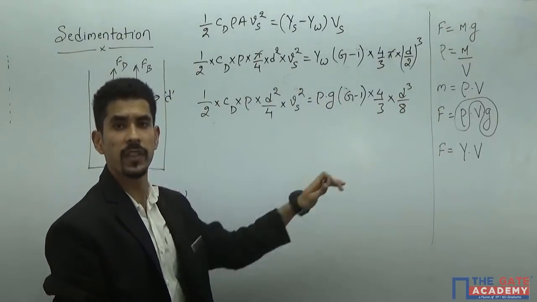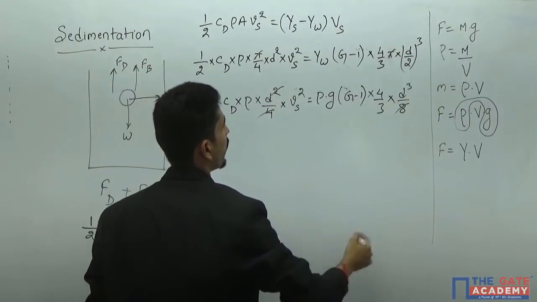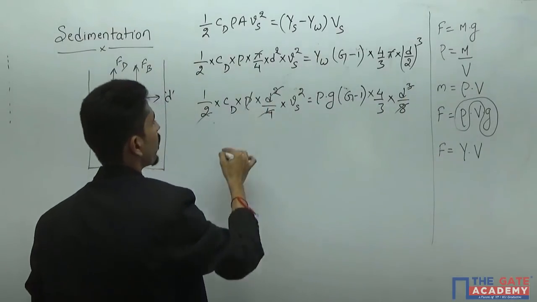When I solve this equation, I can cancel some of the terms. I can cancel d square, I can cancel rho.